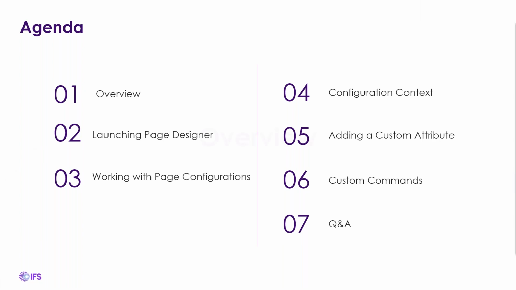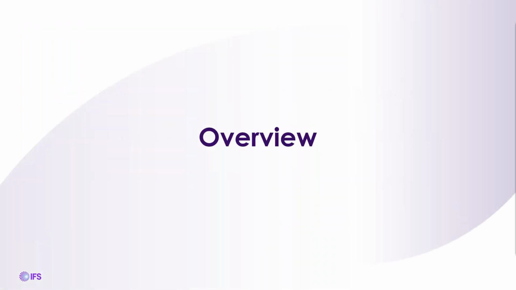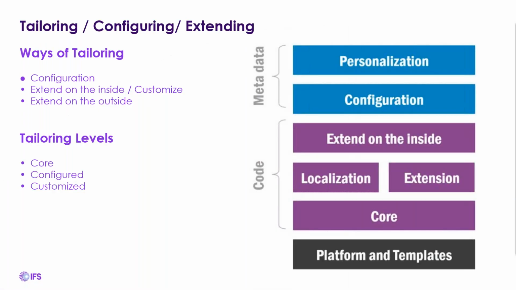All right, let's get started. First of all, let's start with the overview. When it comes to configurations, tailoring, configuring, extending are quite similar words that we use. So let us first understand what we mean by each here.